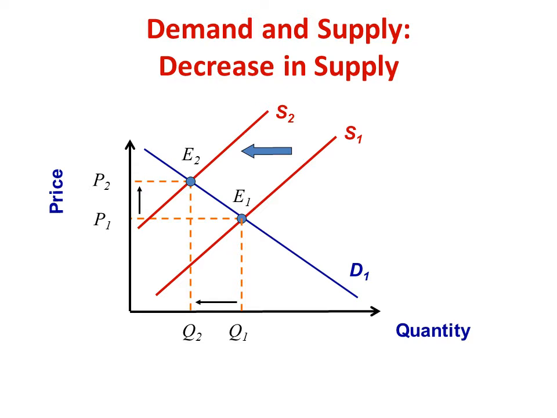A significant increase in the price of oil drove up the cost of production for a large percentage of goods and services. This created significant inflation in the economy, which means that households, individuals, when they go to the store to buy goods, have to pay much more for those goods.